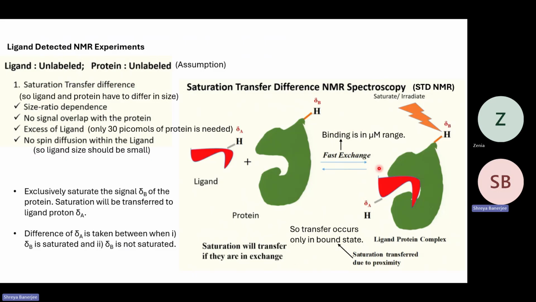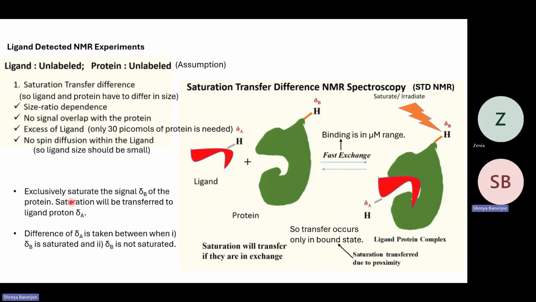So what happens is that we saturate a proton on the protein. When the protein forms a protein ligand complex, this magnetization saturation will transfer to the ligand proton only when they are in the complex.